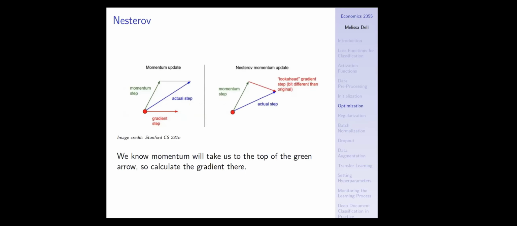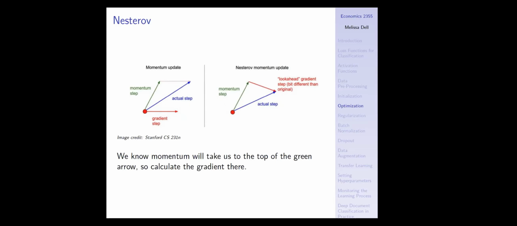Okay. There's a slight variation to this that, if you're solving one of these models, you'll have the option to turn on, which is called Nesterov. The basic idea with Nesterov is that we know we're going to already move in the momentum direction, so we might as well compute the gradient at the end of the direction that we move with momentum. Then we shift it back and use that and move in that direction.